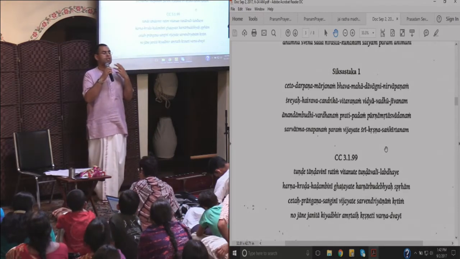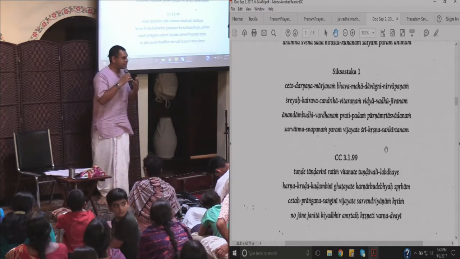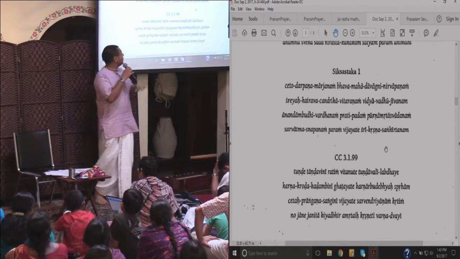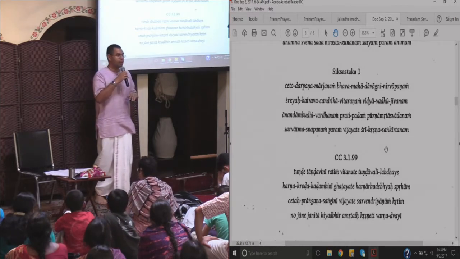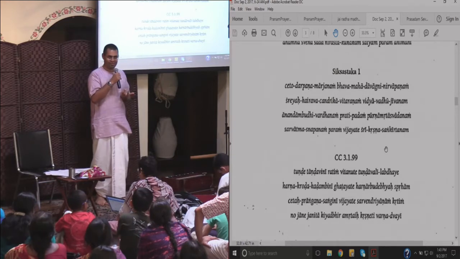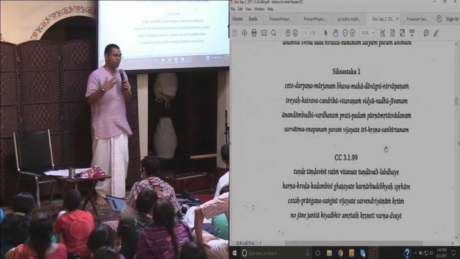So this is saying that when Krishna's names dance on the tongue, it sounds like someone dancing, right? Tunde tandavani vitanute tun tun tun tun. It has this dance quality to it, right? Tunde tandavani.